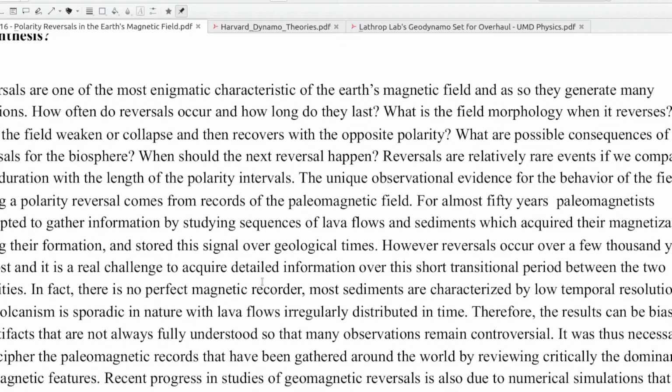However, reversals occur over a few thousand years at most, and it is a real challenge to acquire detailed information over this short transitional period between the two polarities. In fact, there is no perfect magnetic recorder. Most sediments are characterized by low temporal resolution, and volcanism is sporadic in nature, with lava flows irregularly distributed in time.